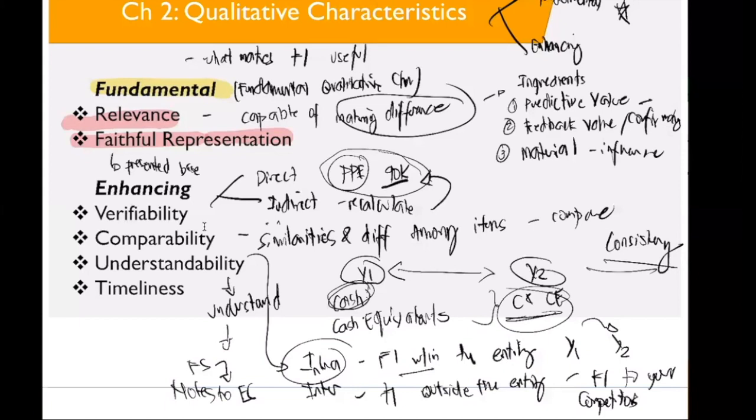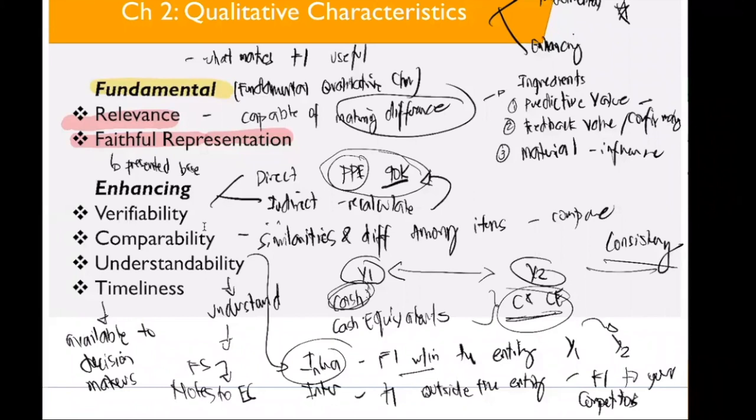Lastly, timeliness. So when we talk about timeliness, the financial information must be made available to decision makers. Okay, so it is important in making decisions if your information is timely and relevant. If your financial information is not timely and relevant, you cannot make a sound decision. So, to aid your decision making, your financial information must also be timely so that you can assess and make your decisions on time.